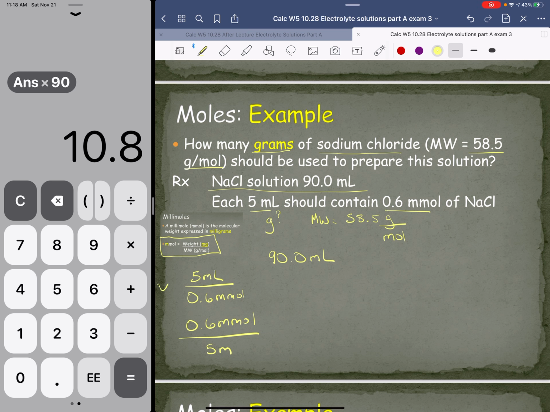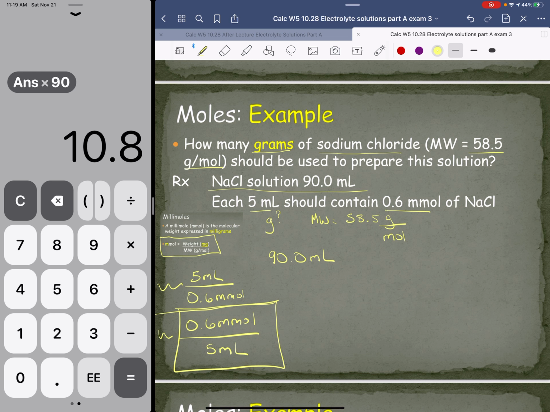We could write it either way depending on what units we need. I've noticed that some people get stuck and feel they have to write it one way, but in reality this is just a fraction. You can do 5 mLs per millimoles, or millimoles per ml. So use what you need to complete your problem.